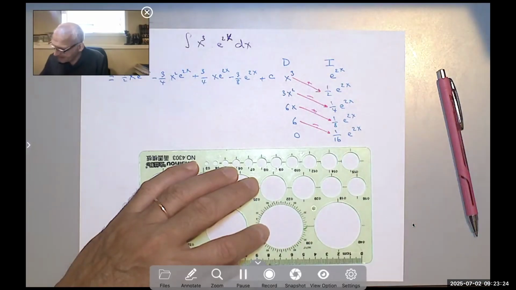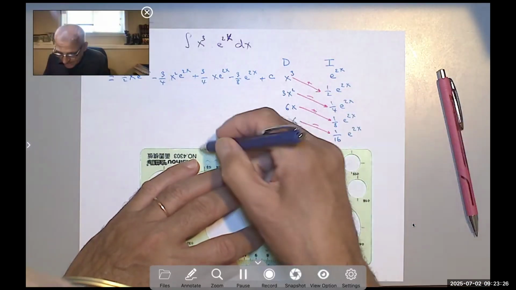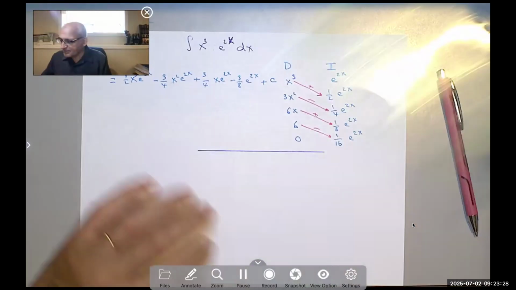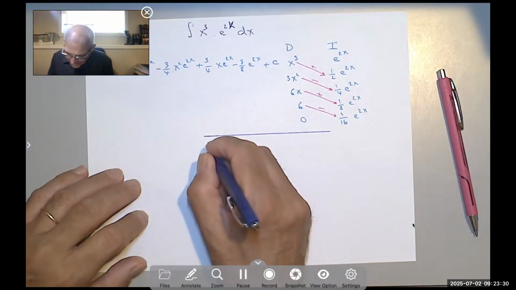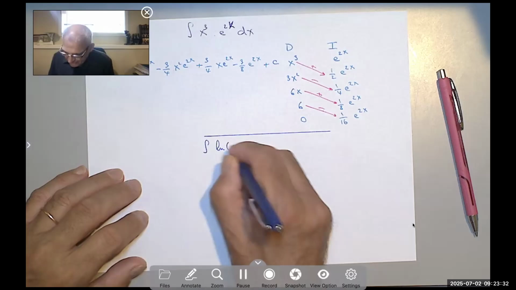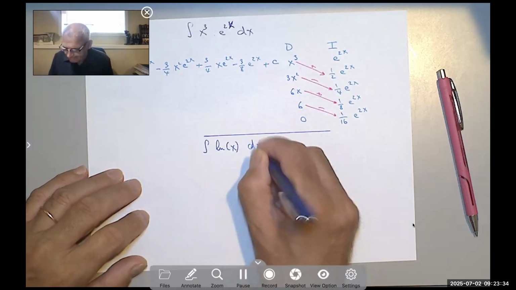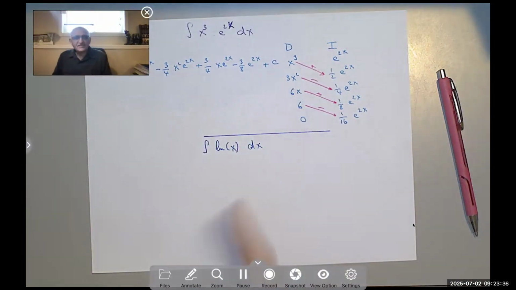Let's pick a third one. For example, suppose I ask you, integrate natural log of x dx. And you'd say, but that's not a product. I say, yes, it's not, but I can make it a product. Say, what? How? I say, don't you see it? How do you make a natural log of x a product of 2 functions?